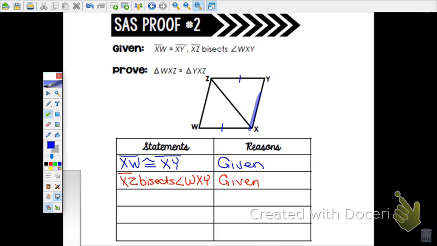So this angle is being bisected, which tells us what? What does it mean if the angle's being bisected? What do I know? The angle is being bisected. So what do I know is congruent?